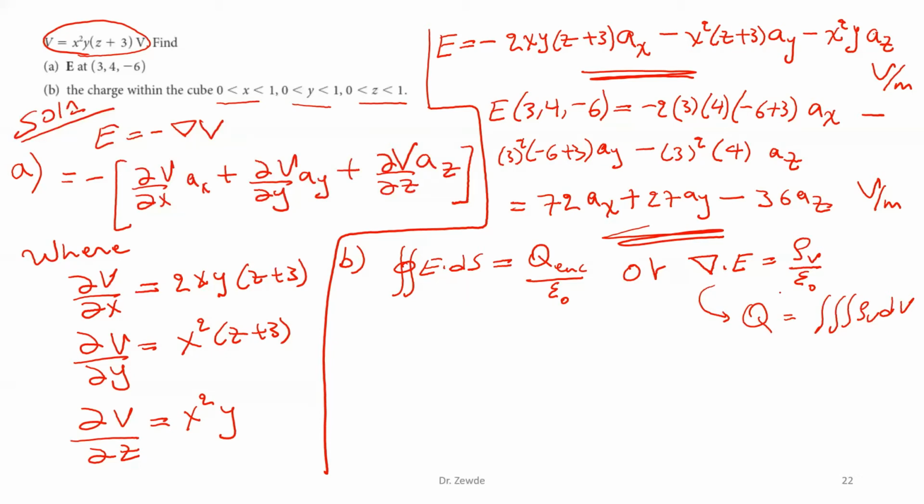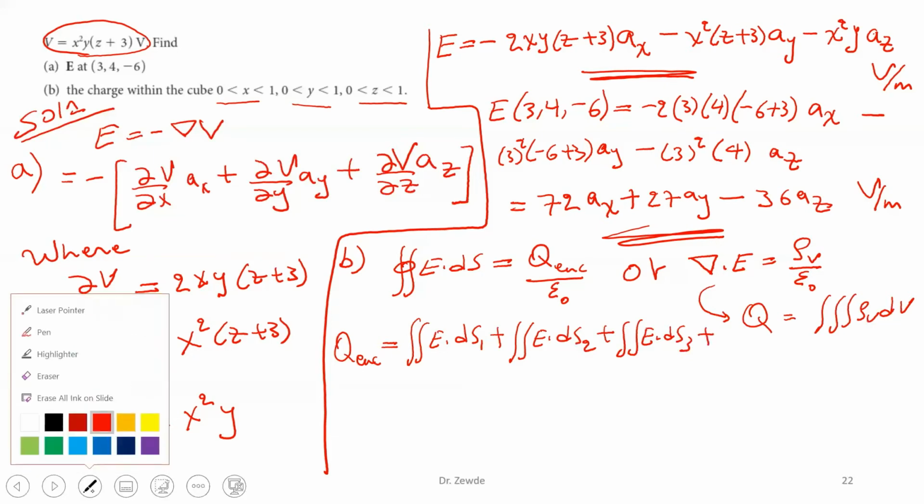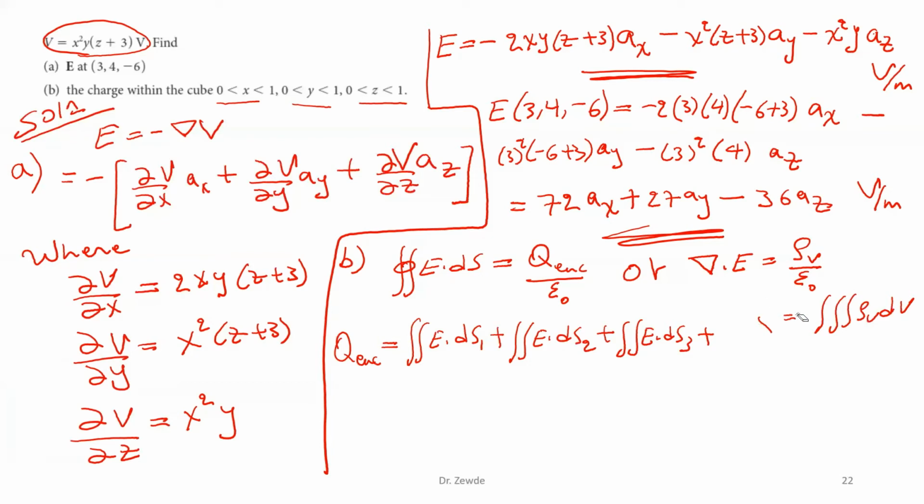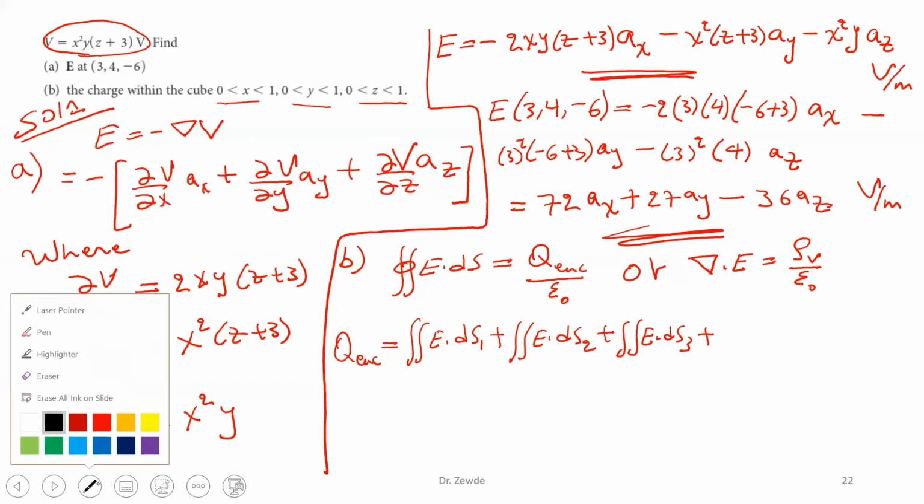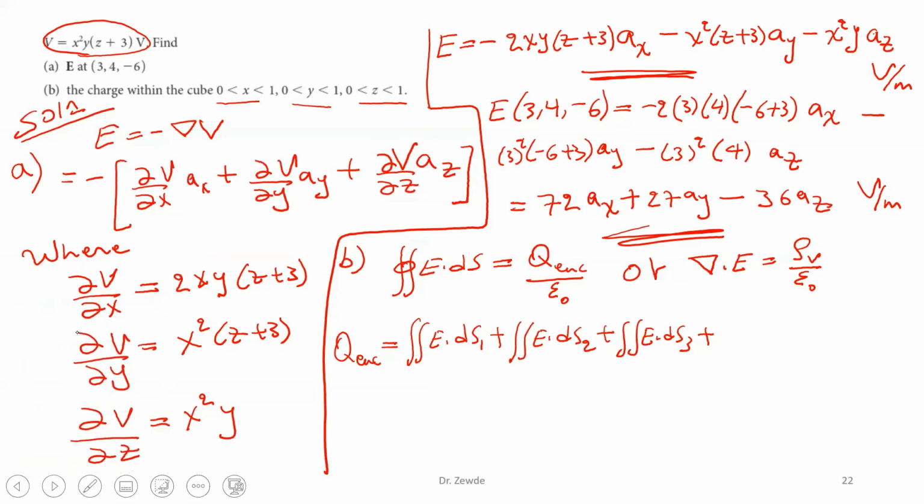If I use the first case, Q enclosed, there are 6 surfaces, right? E dot ds1 plus E dot ds2 plus E dot ds3 plus E dot ds4 plus E dot ds5 plus E dot ds6, because a cube has 6 sides.